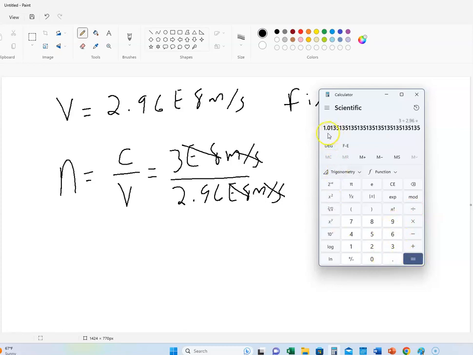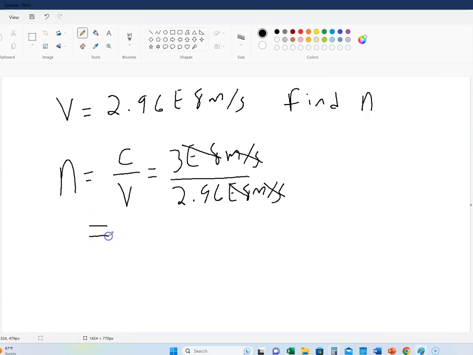All right, that's pretty small. I didn't mean it to be that small. So this would be some type of gas passing through. I'd round this to 2 places past the decimal. So the index of refraction would be 1.01.